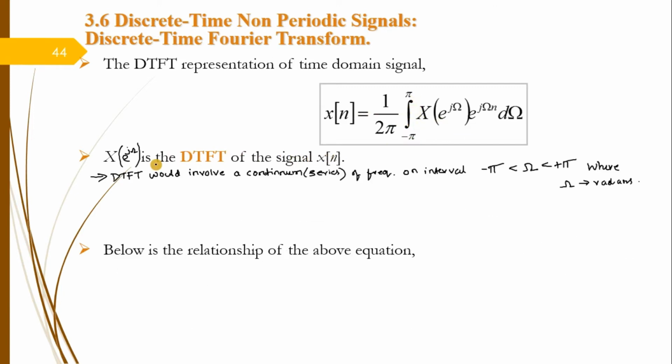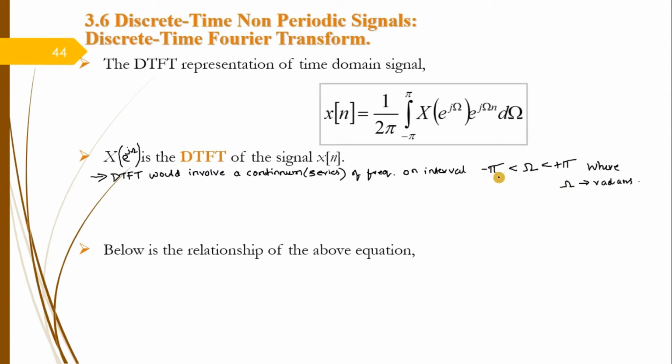So here you have a statement: X of e raised to j omega is the DTFT of the signal x of n. DTFT would involve a continuum, meaning a series of frequencies on the interval minus pi to plus pi, where omega is measured in radians.